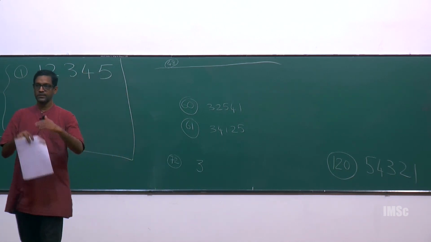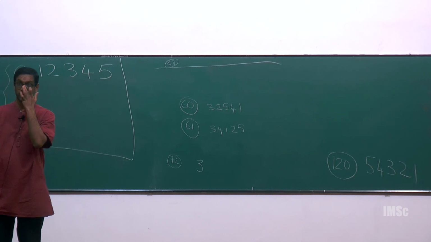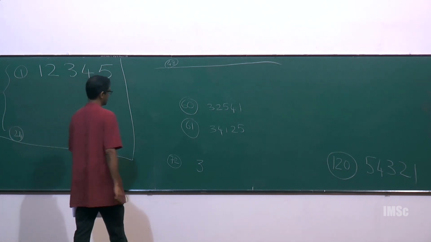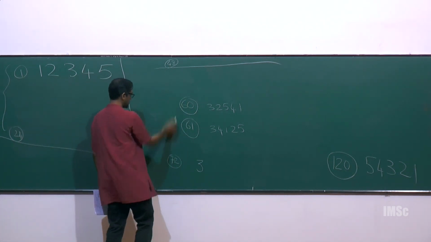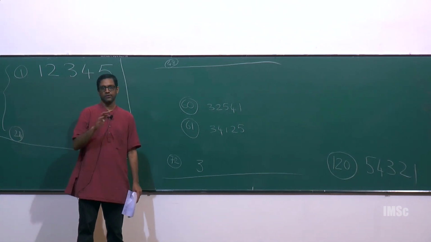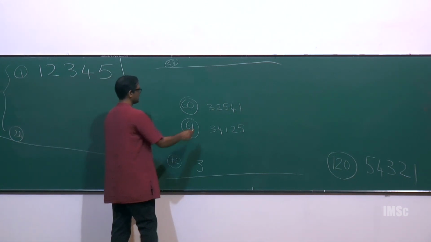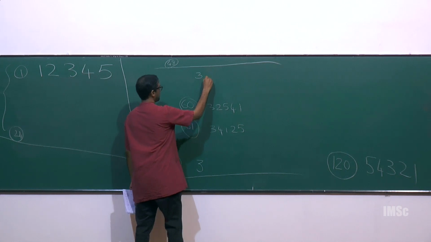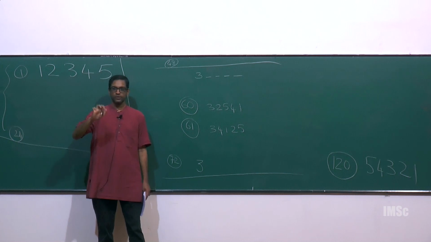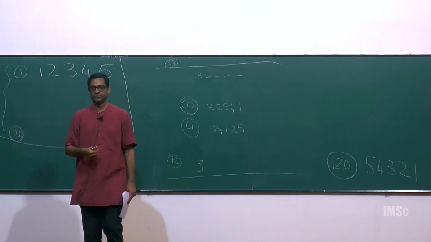But then within the 3s, we need a finer way of figuring out where each one is. So how do we do that? Well, this is a set of 24, which you can think of as permutations in which the first element is a 3 and the remaining 4 are all possible ways of writing 1, 2, 4, and 5.